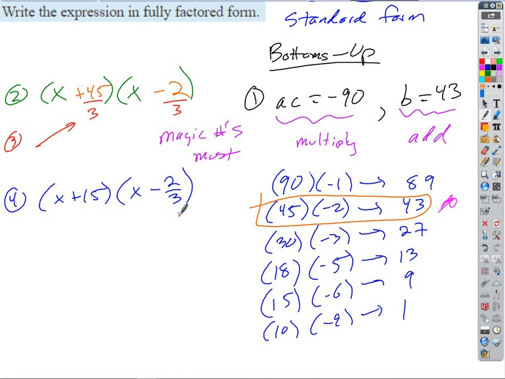And then the next step is the bottoms up step, which is what? Okay, the 3 goes bottoms up. It goes from the bottom up in front of the x, right? So if you have any denominators, you write those as coefficients. So last step. Call me a magician dealing with these magic numbers over here.